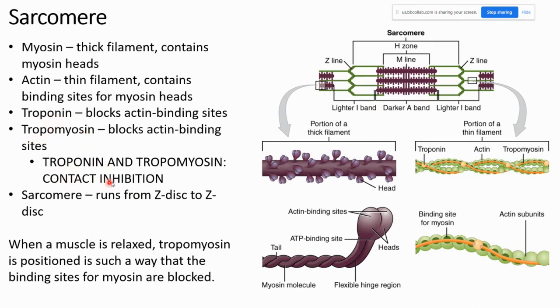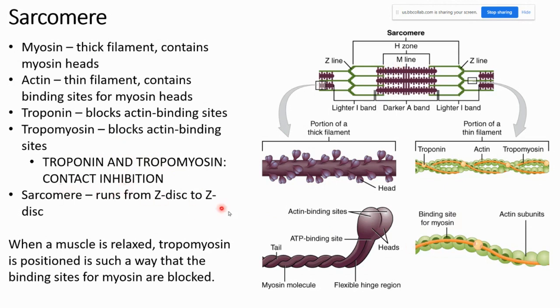I just added this before we started today because I saw it didn't say it there. So troponin and tropomyosin perform contact inhibition. They're blocking, right? They prevent the myosin heads from binding. They're in the way. So if that myosin head wants to go up and grab actin to slide it towards the center of the sarcomere, it can't do that because tropomyosin, this long orange-looking protein, is inhibiting it from doing so.